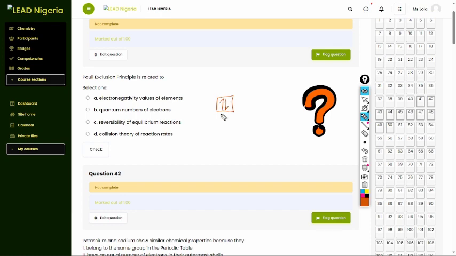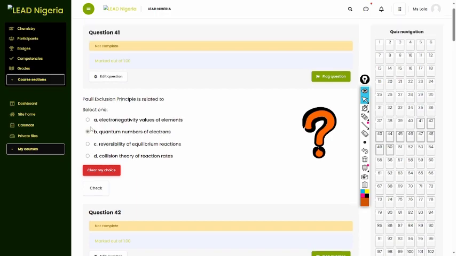The one in the clockwise direction will have plus half, while that in the anti-clockwise direction would have minus half. So regardless of the fact that they are both in the same orbital, they cannot have the exact same quantum numbers. Okay, so the correct answer here is C. It's related to the quantum numbers of electrons. Oh, B, sorry. B.